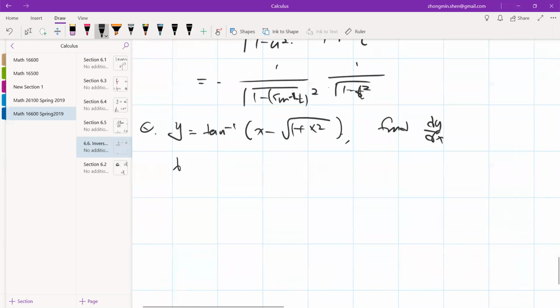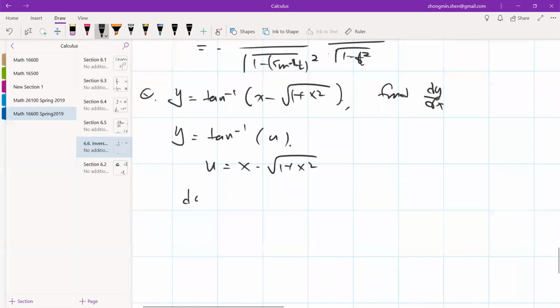So we introduce the variable u, and u is going to be x minus the square root of 1 plus x squared. I'm going to find the derivative of u with respect to x first, which is 1 minus 1/2 times 1 plus x squared to the power 1/2 minus 1, which is negative 1/2, times 2x.